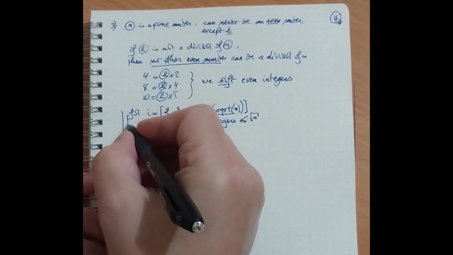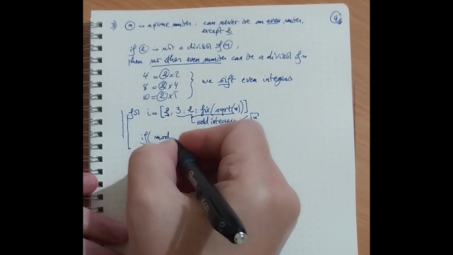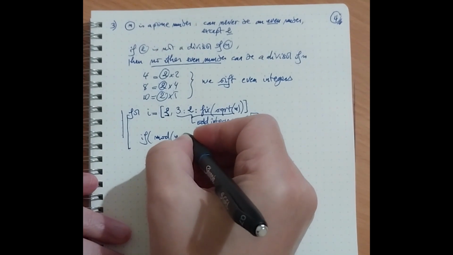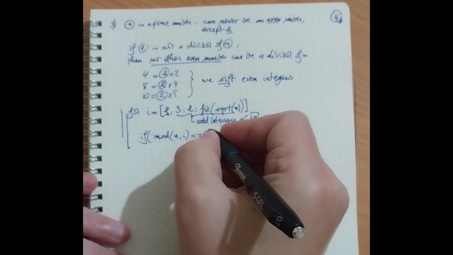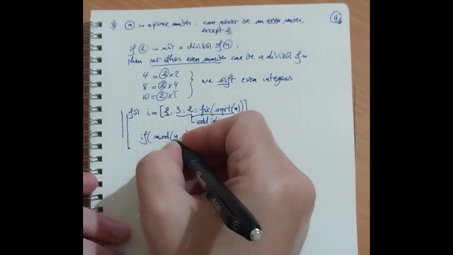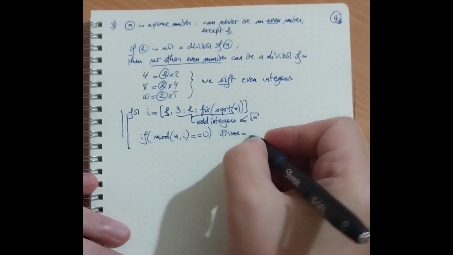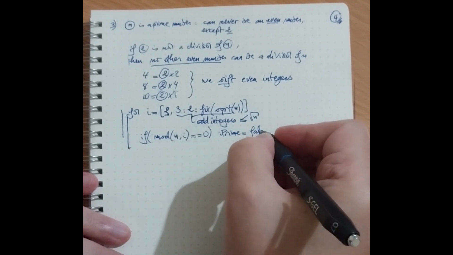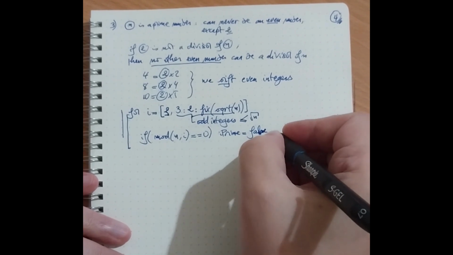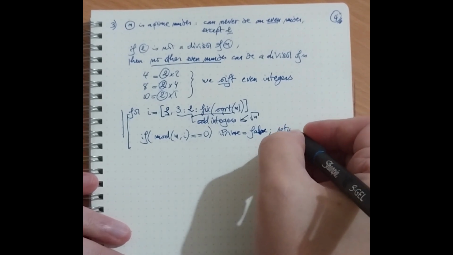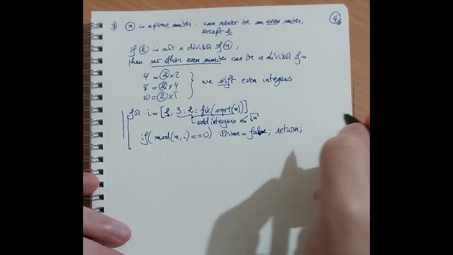And inside the loop, the same thing. If modulo of n and i equals 0, that is, i is a divisor of n, then isPrime, exactly as we have done before, is false, and we return. We have finished the test. It cannot be a prime number.